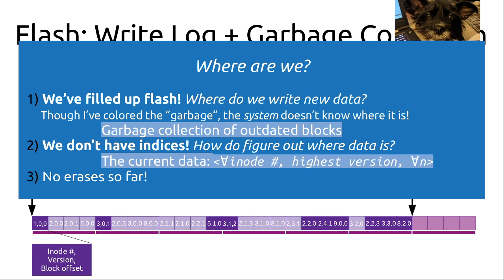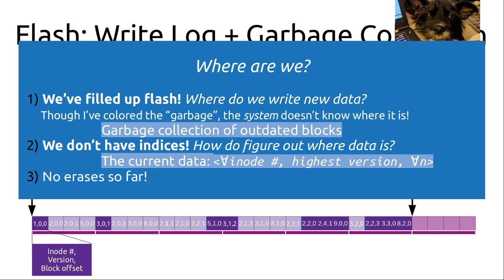And we simply know that that is the most up-to-date data in that specific block for that file. And then we can maintain data structures in our operating system in memory to track that. But you have no on-disk indices. That means that it is very, very slow to initially build those indices, which is a huge downside to this type of system. It's actually no longer used essentially because of this.